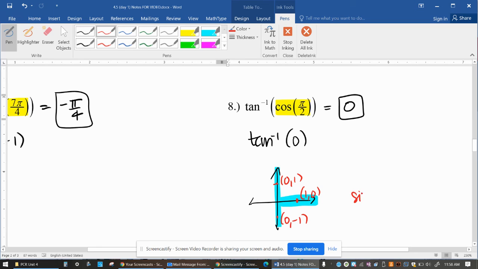Tangent is sine over cosine. So what angle has a y value that when you divide it by the x, you get 0? This guy. That's 0 pi or 0 radians.